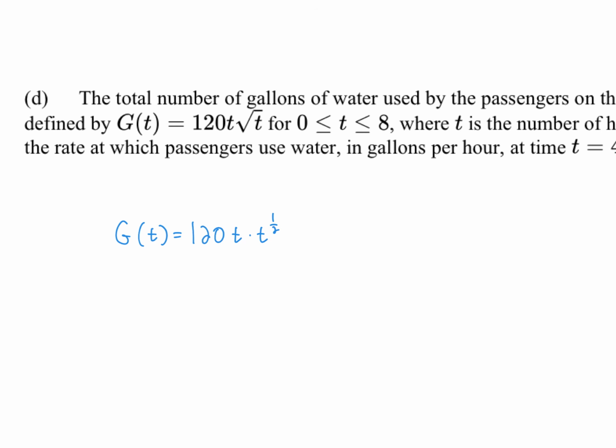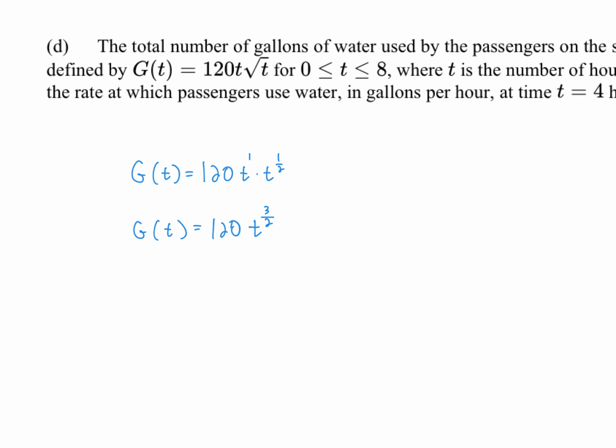Even before you take the derivative, there are a lot of times that you have to rewrite the original function in order to take the derivative. For this one also, to make it easier, let's combine these. This is really t to the 1 times t to the 1/2. Since we're multiplying two things with the same base, we just add the exponents.